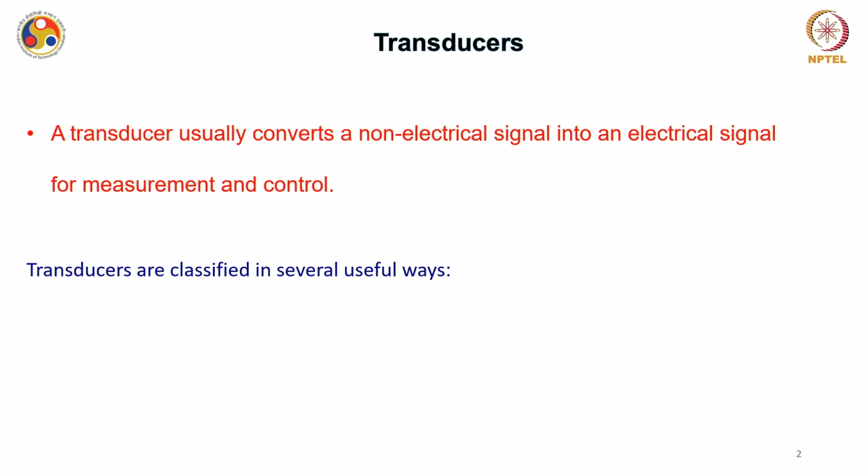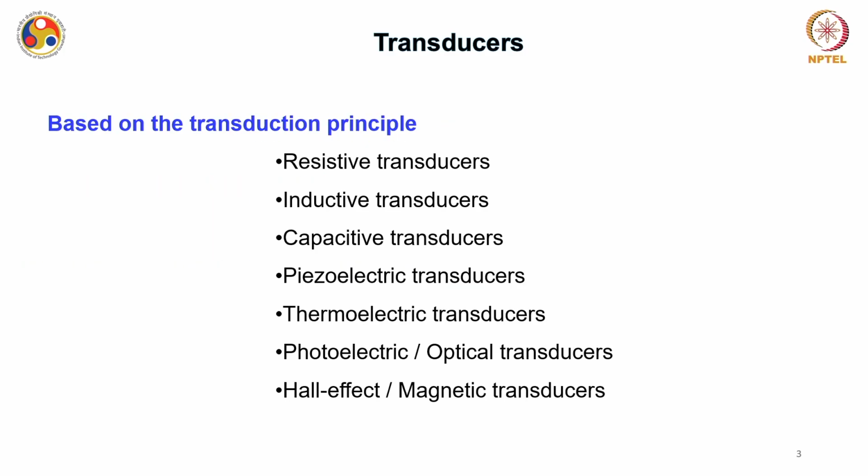We have seen a broad way of classification of the transducers, but if we summarize, transducers can be classified based on the transduction principles as well as based on the measurement that they are measuring.